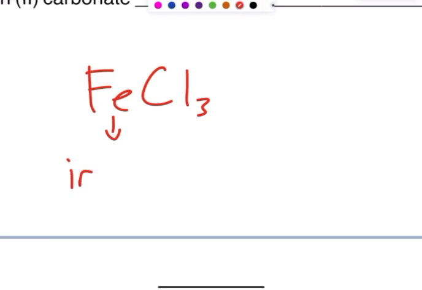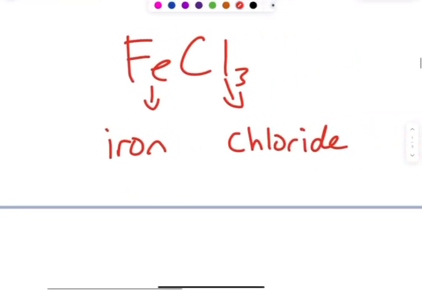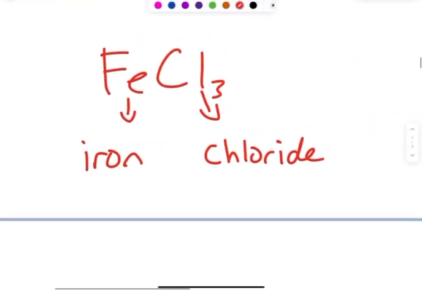Fe is iron, and Cl is chlorine. But I don't write chlorine. Why? This is an ionic compound. The ending changes to "-ide". As it changes to "-ide", I now have to make sure that my Roman numeral is correct.